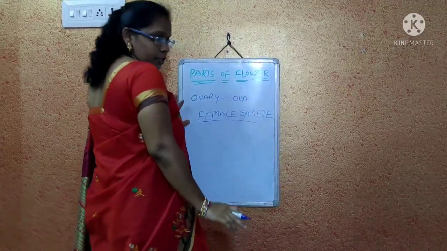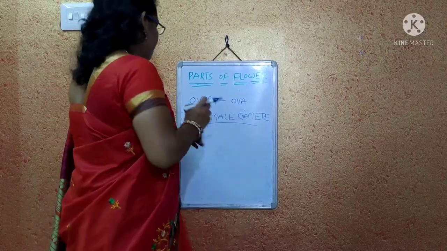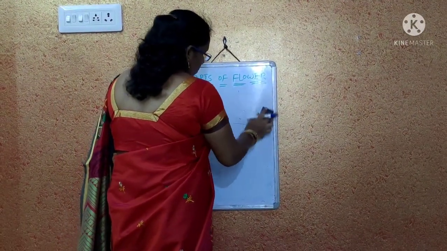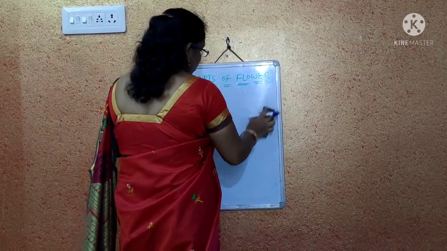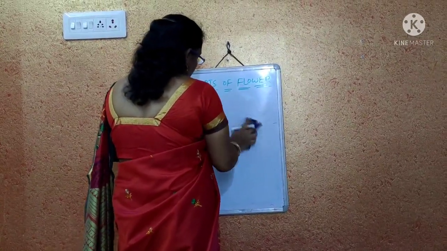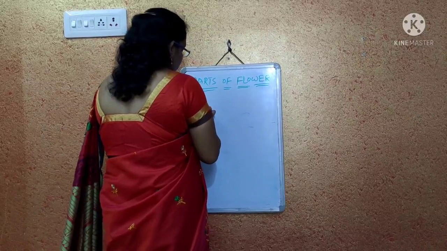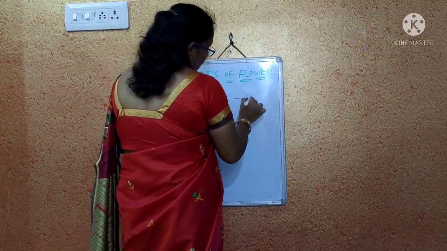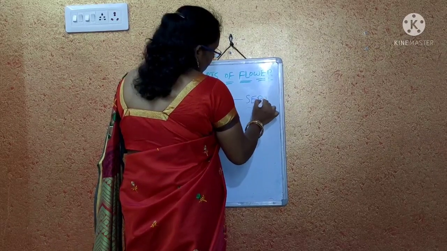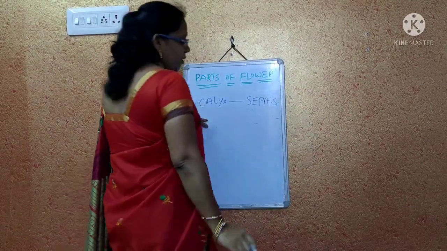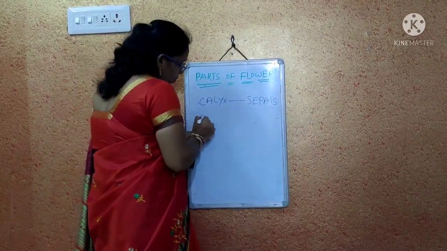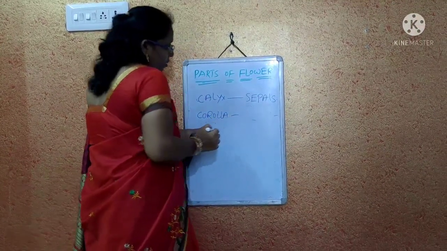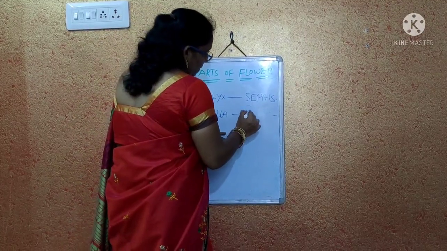This is the gynoecium part. Flower has 4 parts. One is calyx, also known as sepals, the first whorl of the flower. Second one, corolla, the second whorl of the flower, also known as petals.